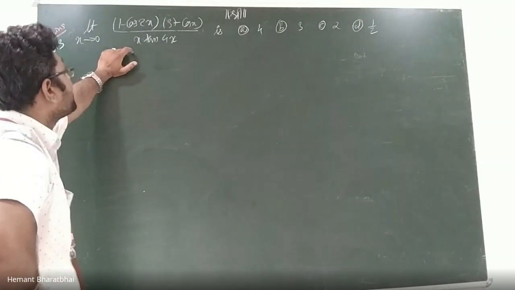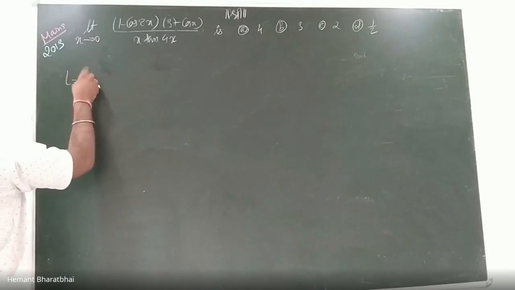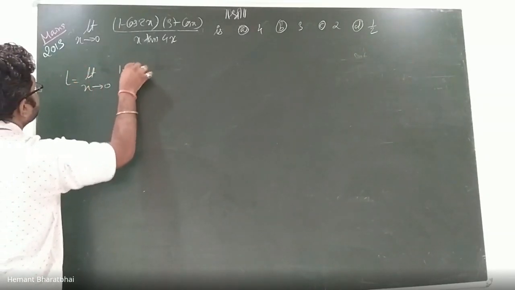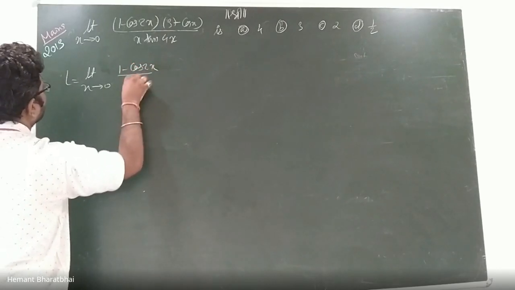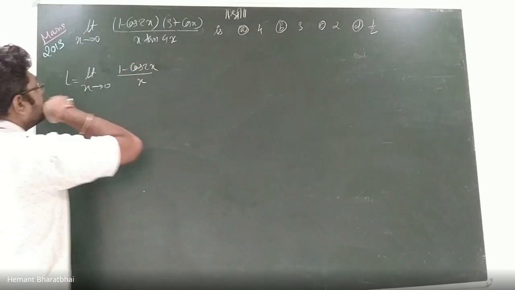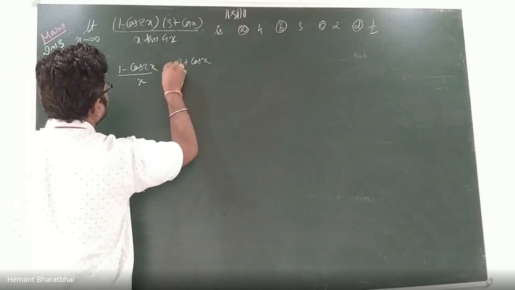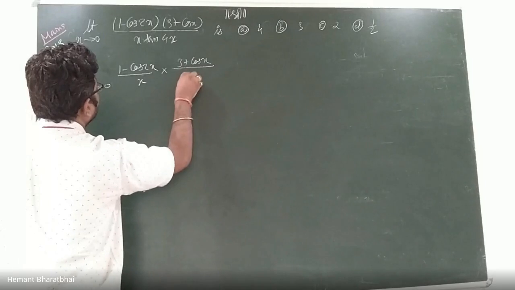Let's see. L is equal to limit of x tends to 0, (1 minus cos 2x) by x, I'm writing it as separately into (3 plus cos x) upon tan of 4x.